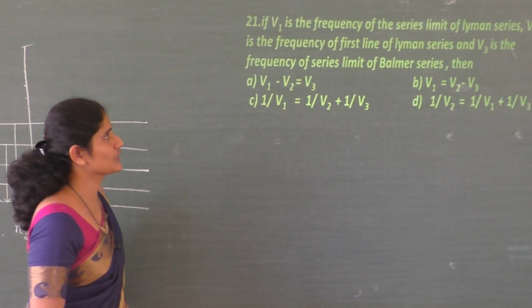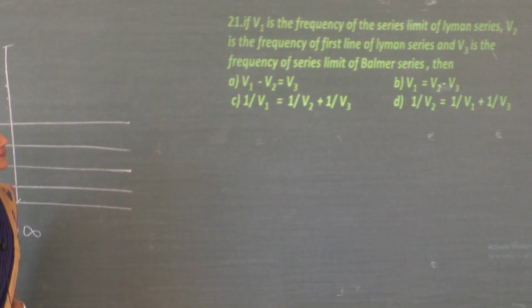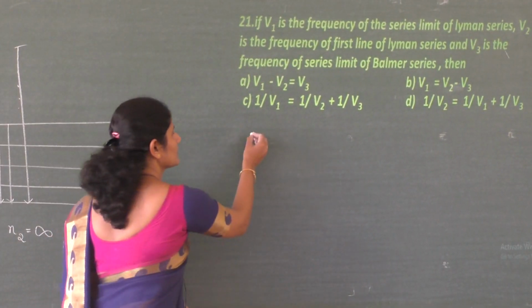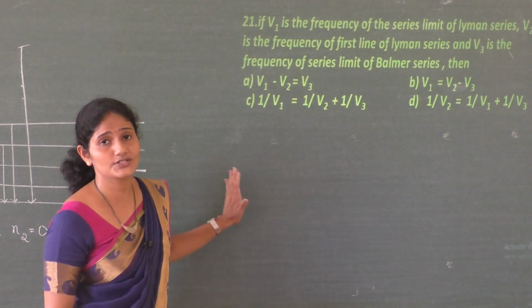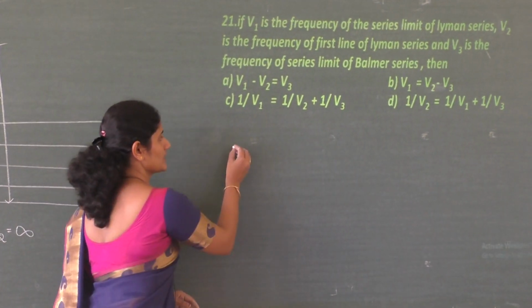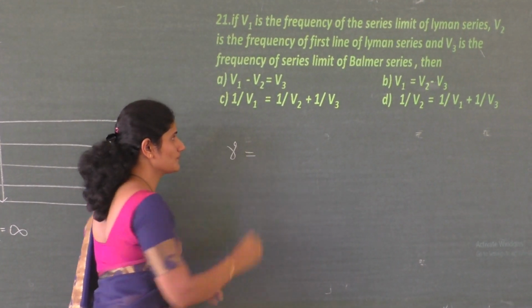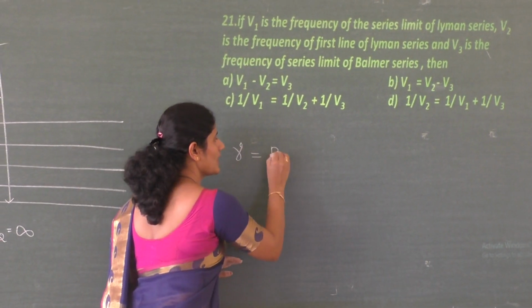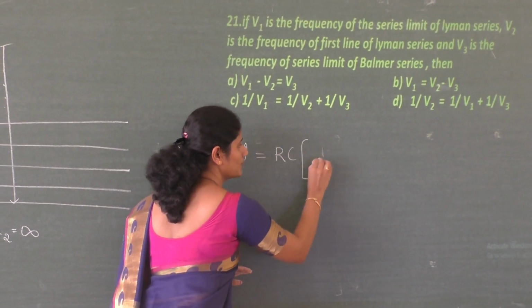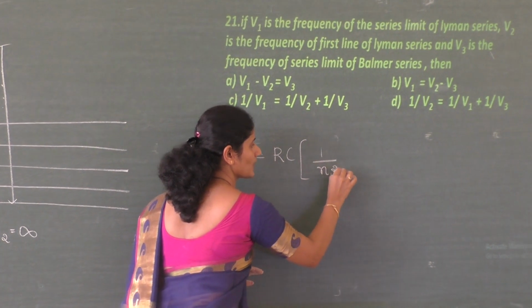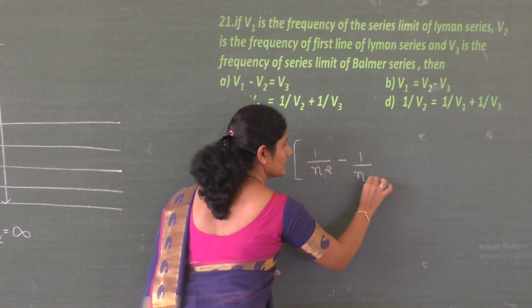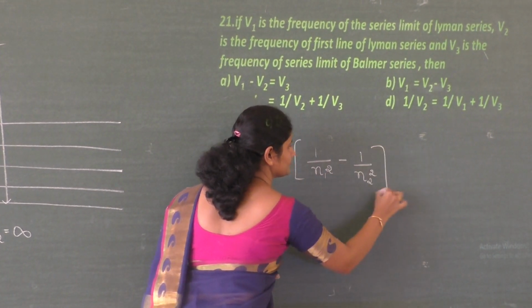If V1 is the frequency of the series limit of Lyman series, what is the expression for the frequency of the emitted radiation? Nu is equal to R into C, 1 by n1 square minus 1 by n2 square.